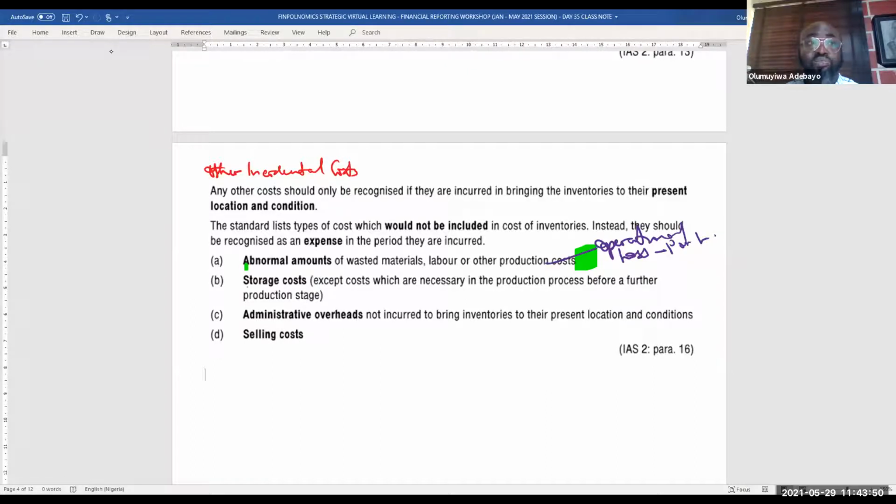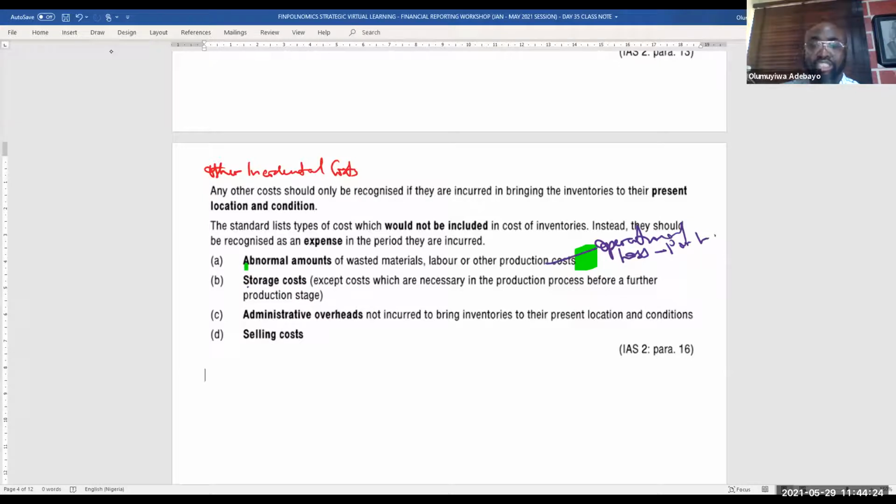Storage cost, okay? Once you have brought your inventory to the state or to the point at which it is available for sale, such cost will not be considered part of product cost, except if that cost was necessary in the production process before a further production process, which means such cost will be treated as part of work in process.